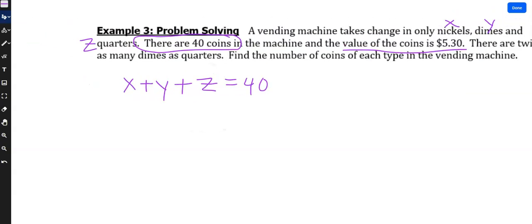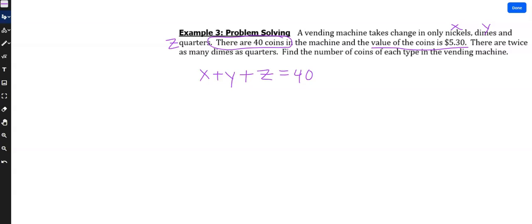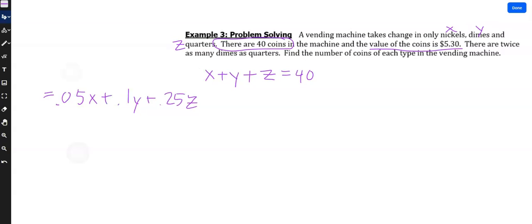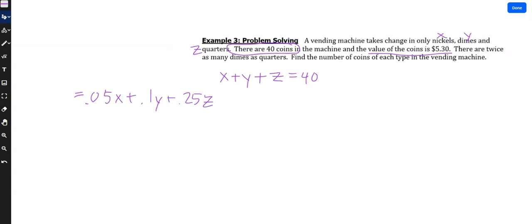So yes, we would use the concept of, let's see here, let me shrink this down. We would do 0.05 x plus 0.1 y plus 0.25 z. I'm gonna put the equals on the other side. I didn't leave myself enough room. Dang it. Maybe I should try this again.